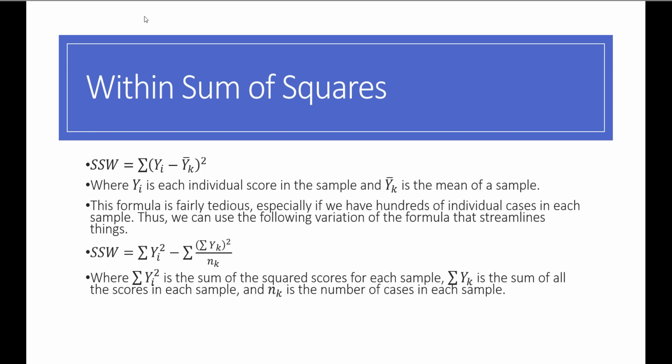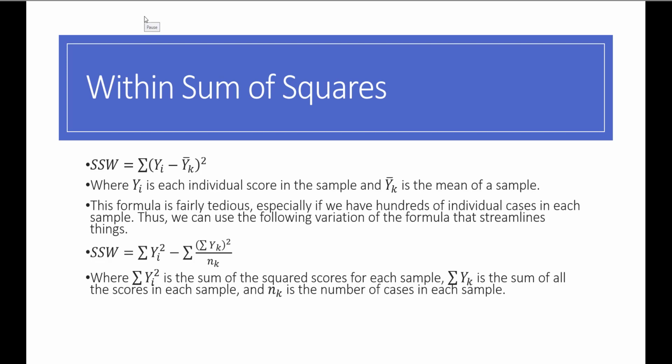Still is going to be a lot of calculations, and this is going to be the sum of each individual score squared minus the sum of all the sample means squared divided by the number of cases in each sample. It gets pretty complicated. Again, you have to work really hard to keep this straight.